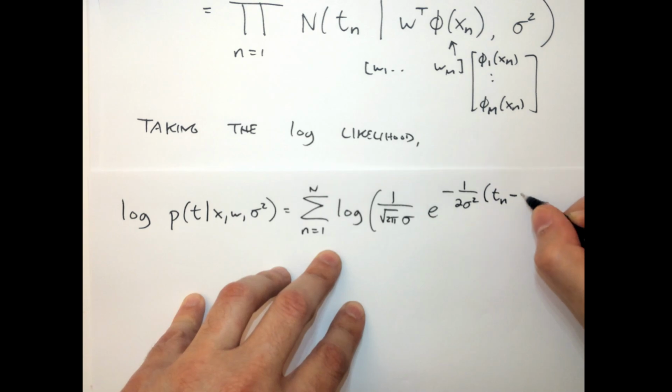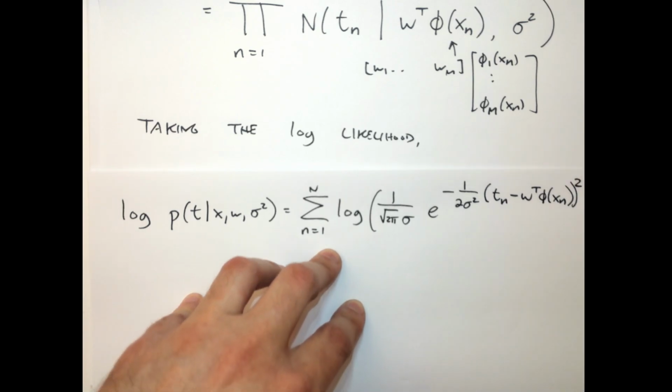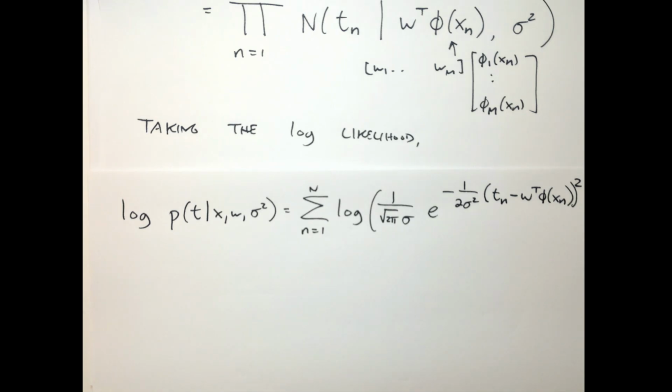And here, that's playing the role of the model, right? So I'm just plugging in what I know about the mean. The mean is this, basically, right? I need a big closing parenthesis.